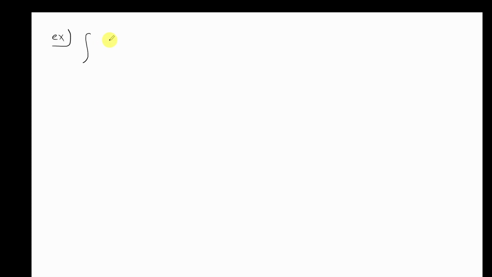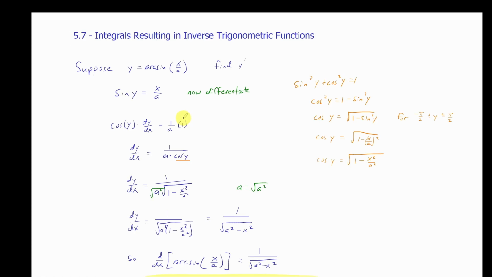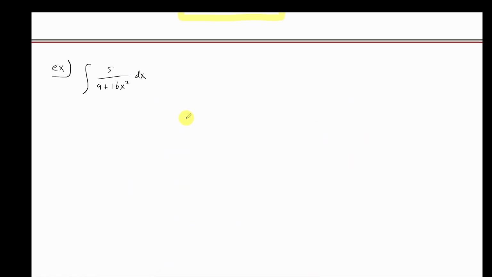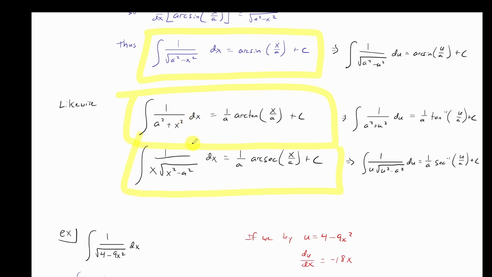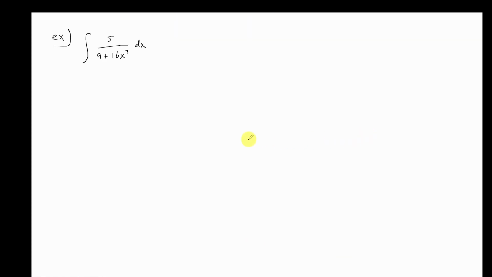Suppose I want to integrate 5 over 9 plus 16x squared dx. To begin with, I notice that this looks like the form of an arctangent. The 5 is a constant multiple, so it can just hang out.